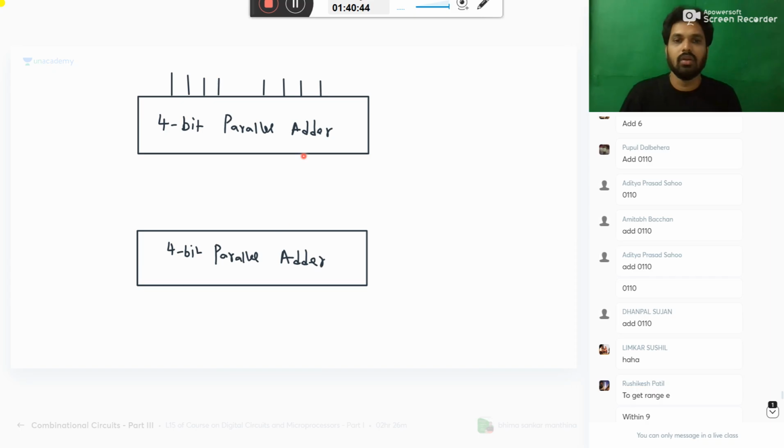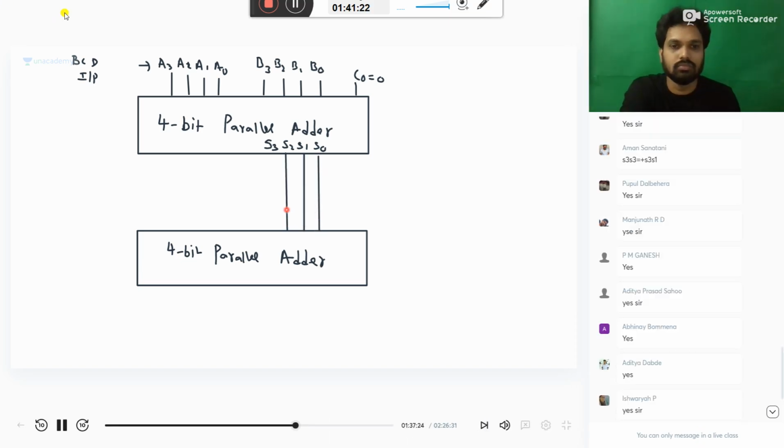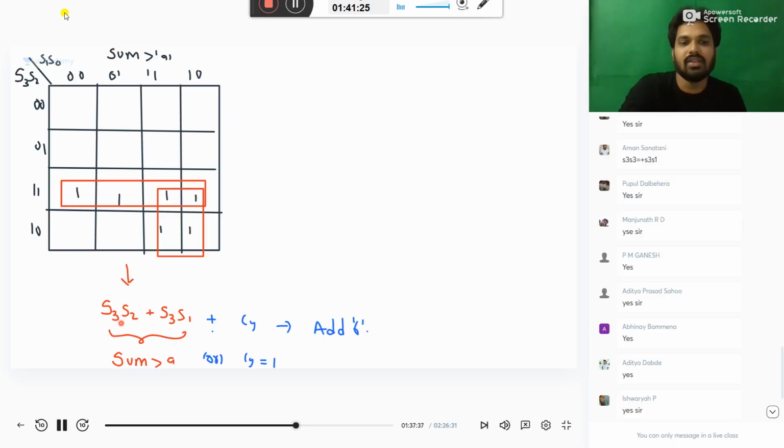Okay, let's move. So here I will give my BCD numbers A3, A2, A1, A0 and B3, B2, B1, B0. These are your BCD inputs. Here no C0 is required. Now please listen. You will get here sum S3, S2, S1, S0. What is your expression? S3 S2 plus S3 S1.